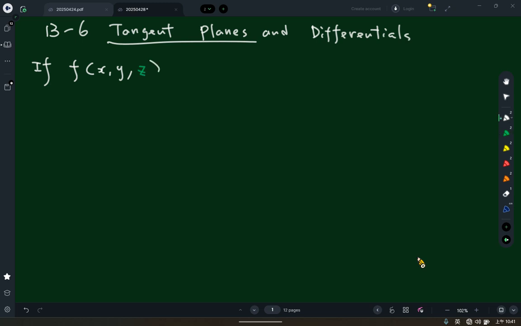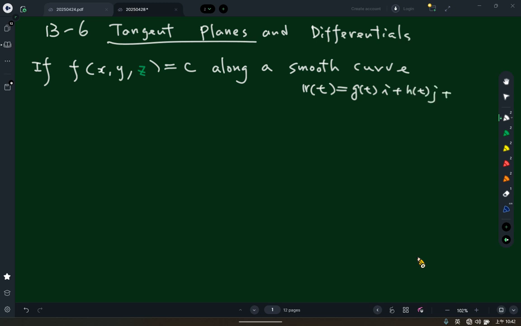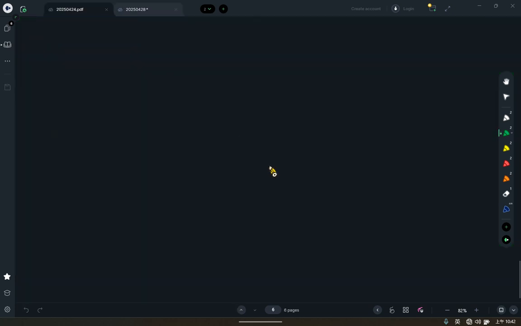So in the past, maybe we just used z is equal to f of x, y, but right now the function is a 3-variable function, equal to c along a smooth curve r of t is equal to g of t i plus h of t j plus k of t k. So you can just make a comparison.